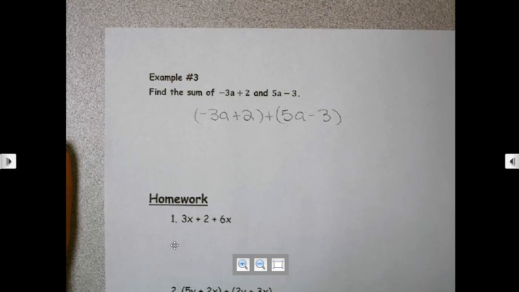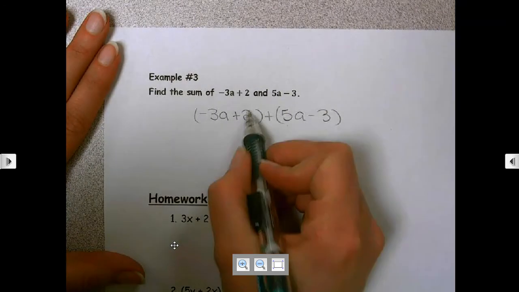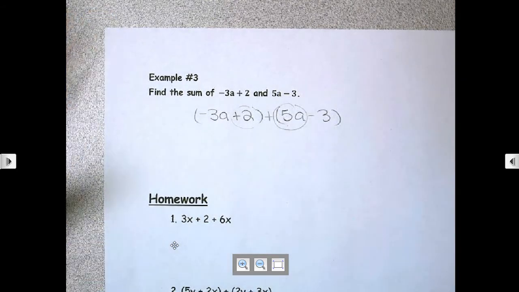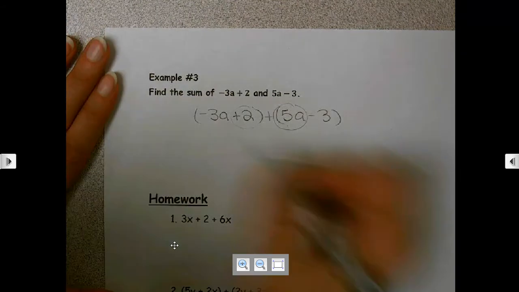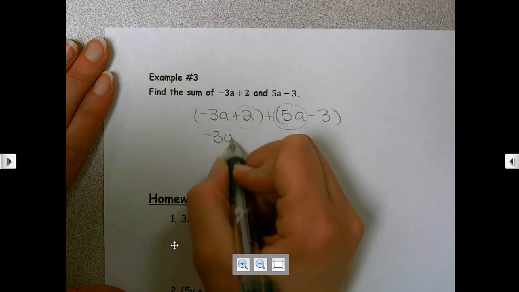Go ahead, pause the video, and come on back. Hopefully you paused the video. The first thing that I notice is that we have positive 2 and positive 5a, and I would like to switch them. I'd like to use the commutative property to rearrange the order because remember, in addition, we are allowed to do that because of the property.